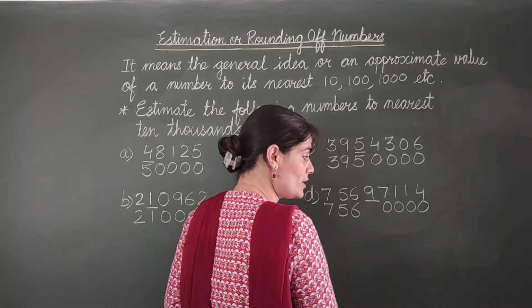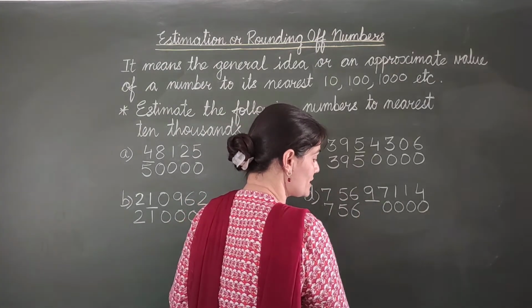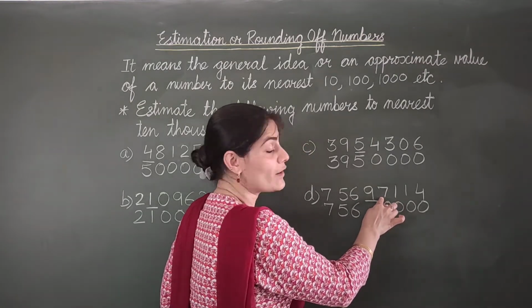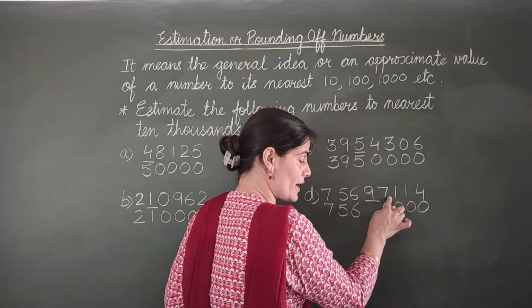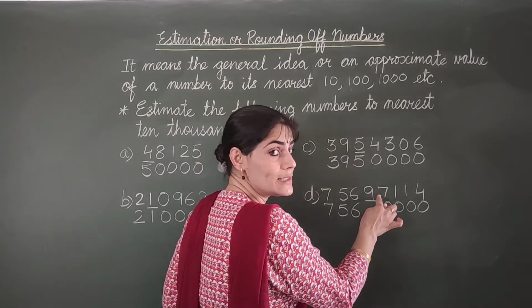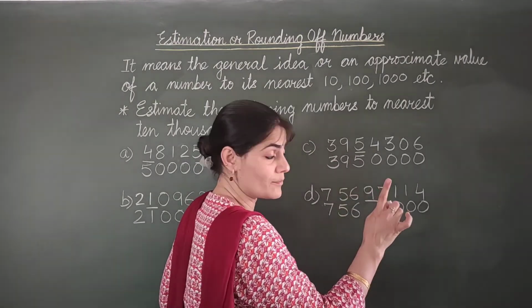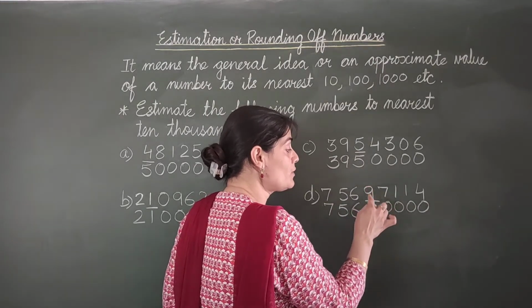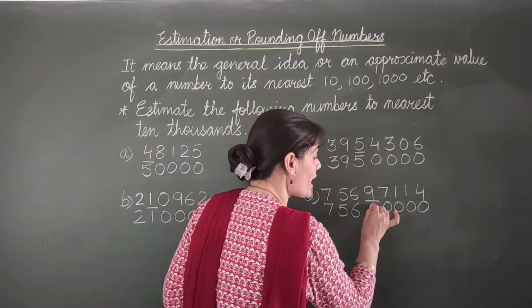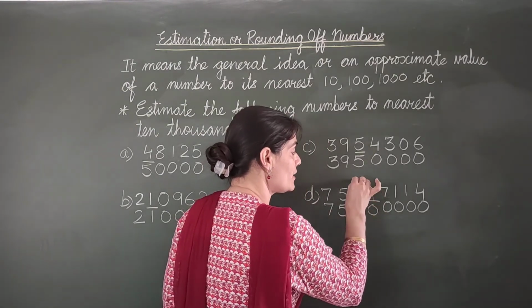Now what are we going to do with this? I find that this is more than 5 and whenever it is more than 5 we will have to increase the digit at 10,000s place by 1, and what do I find? That 9 plus 1 gives me 10. So I write here 0 and carry 1.